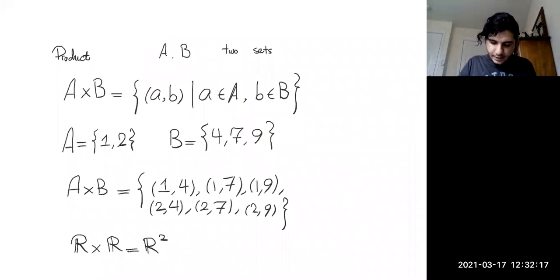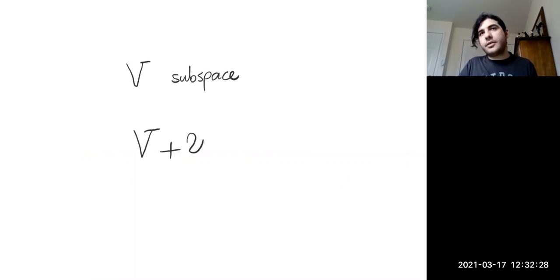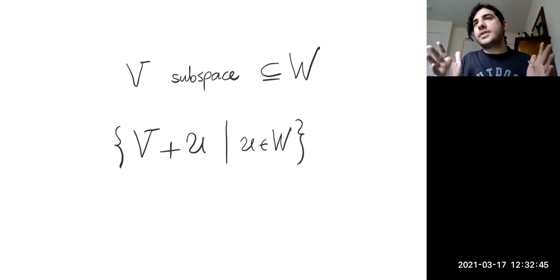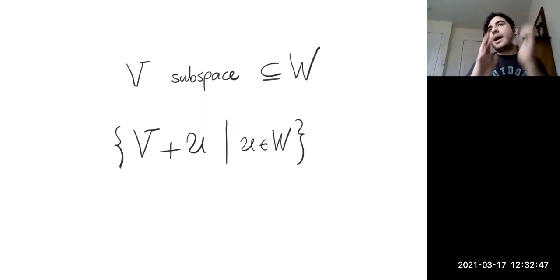Now let's consider a vector subspace V. Let's say V is a subspace of another vector space W, and let's move this subspace V with a vector U, and then try all different vectors U we have. We would get a lot of subspaces, all these parallel subspaces.